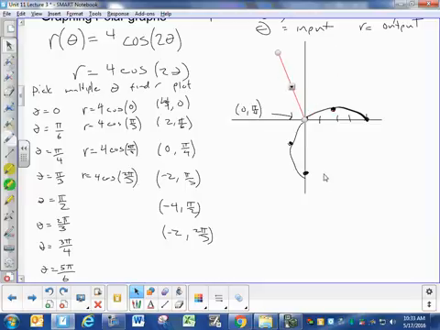My distance is negative 2, so I'd go down here. I'd have this point right here. Okay, so all of a sudden, I started curving. So I started here, came this way, I went this way, and then I'm coming back this way.